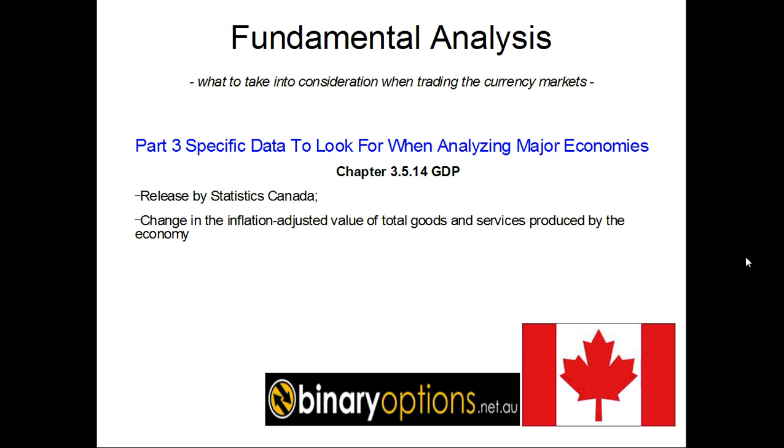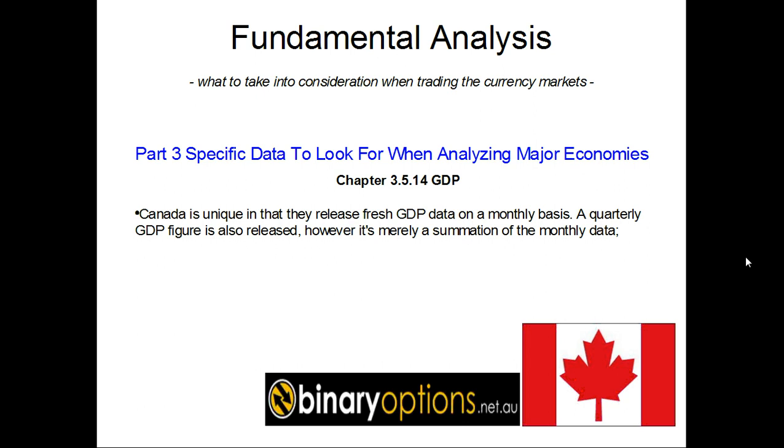It is released by Statistics Canada, and it shows the change in the inflation-adjusted value of total goods and services produced by the economy. So keep in mind, this is inflation-adjusted value. It is quite important. A quarterly GDP figure is also released besides the monthly one, but it's just a summation of the monthly data.